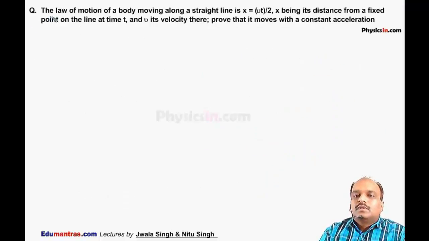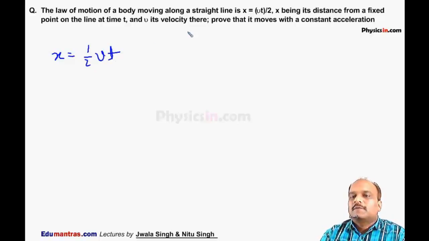Now the law of motion of a body moving along a straight line is given by x equal to 1 by 2 v into t, x being the distance from a fixed point on a line, t the time, and v the velocity. We have to prove that the body is moving with a constant acceleration.